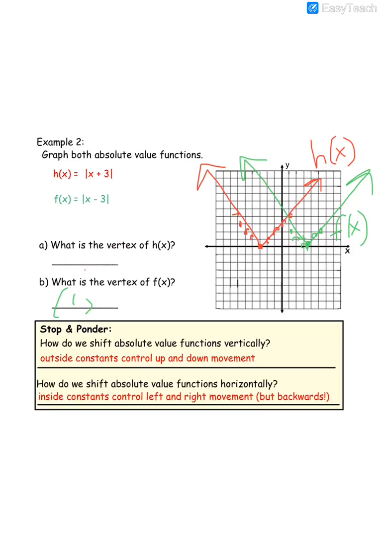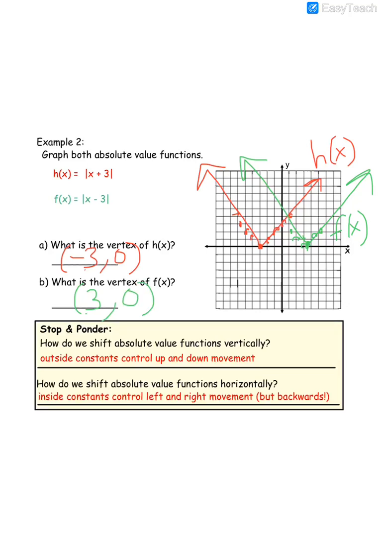Don't listen to me. I'm going to erase everything. Okay. So the vertex of h of x is at -3, 0. I did it backwards. The vertex of f of x is at 3, 0.